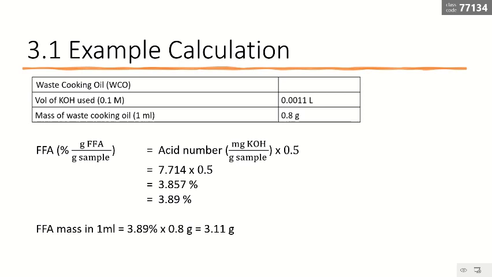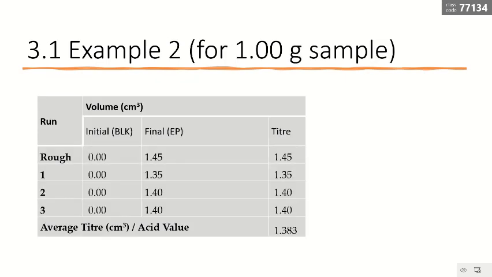I think now you roughly know how to calculate this way. In case it's machine-wise, let me give you one more example here. I have the rough run, then I have 1, 2, 3 runs. I have my initial and final ending point values. Then we'll know the difference of each of these values, the volume we used, right?